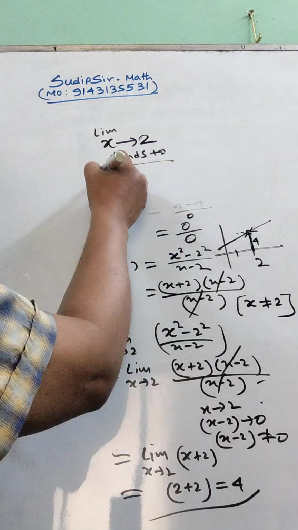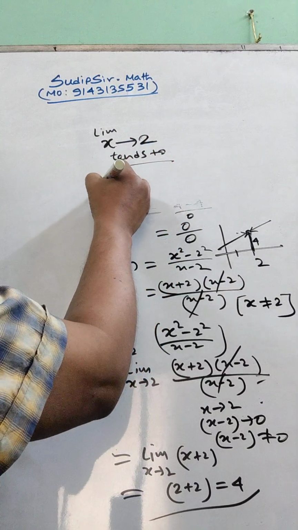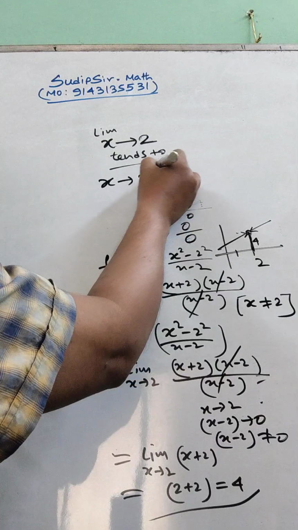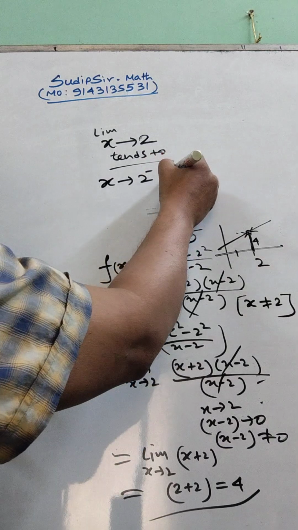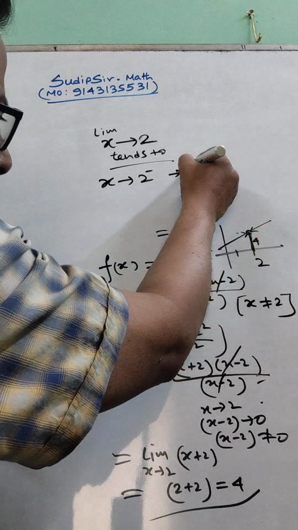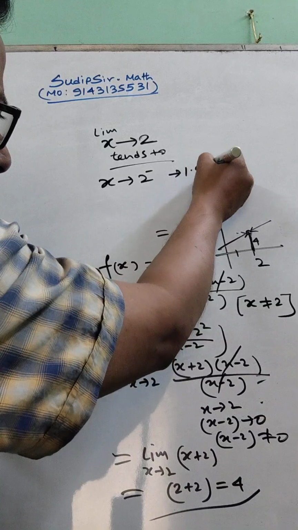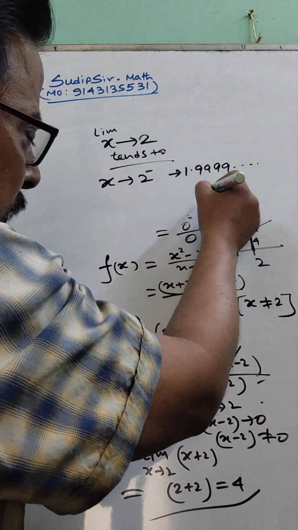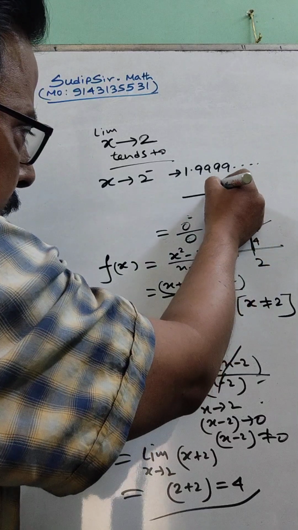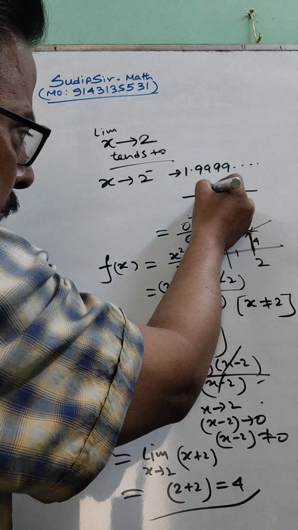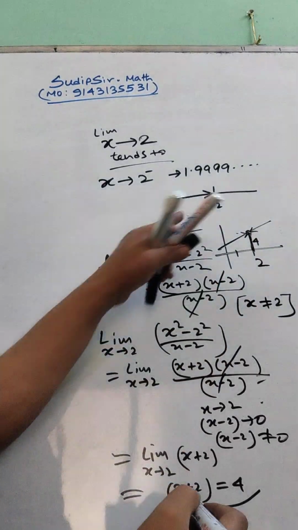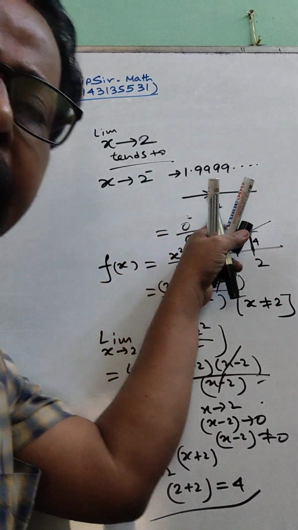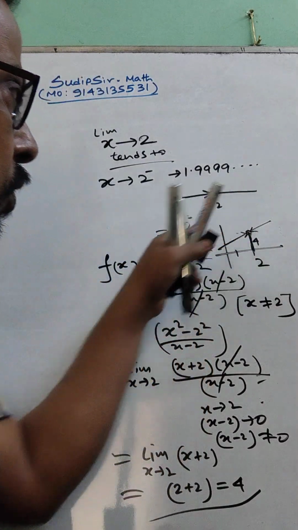This means if x tends to 2 minus, that can be assumed 1.9999 and so on. So in this number line, if this is 2, this is left hand approach, very nearer to 2.